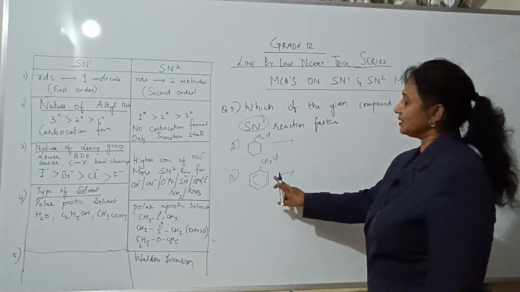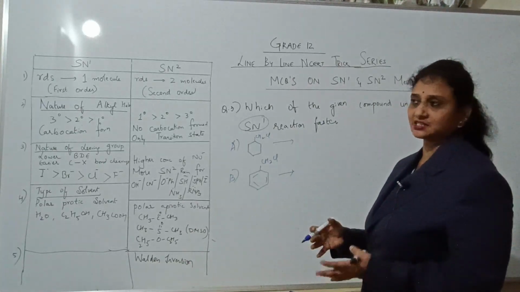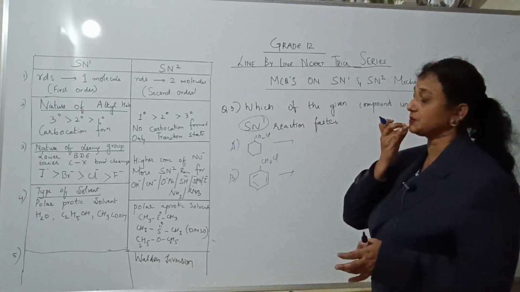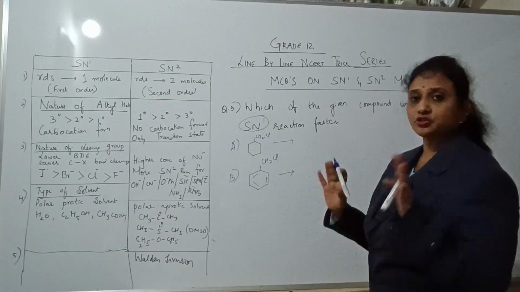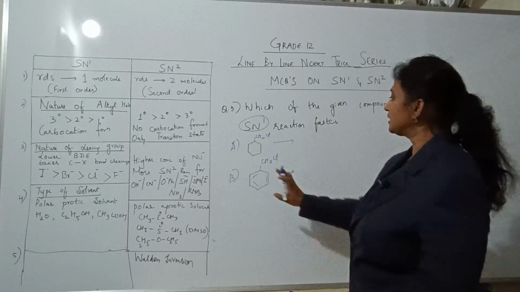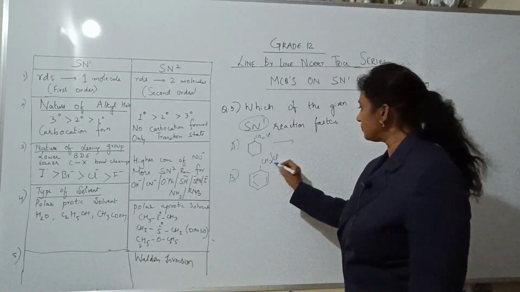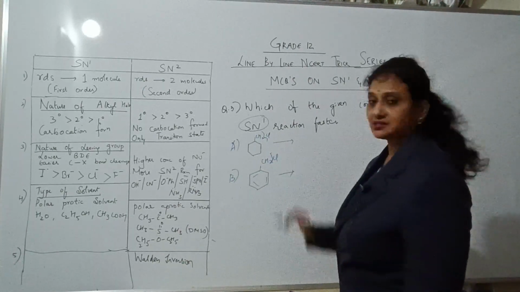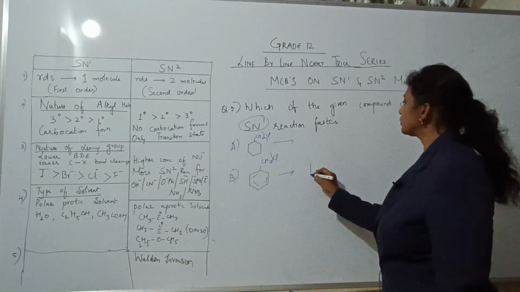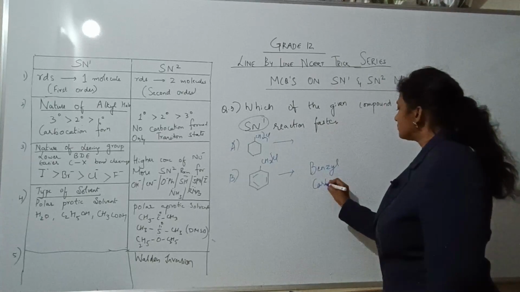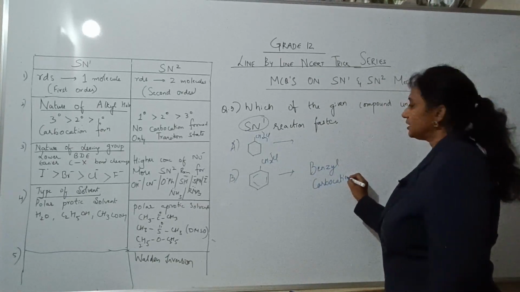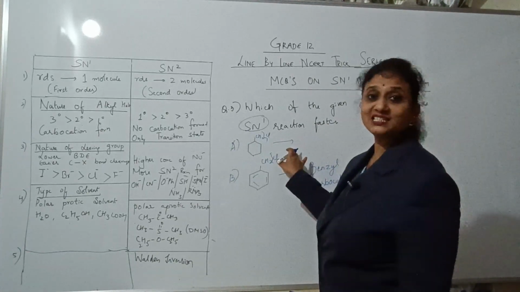When this compound cleaves, because it's primary, we very well said during the mechanism, there is a formation of carbocation. Correct? Yes. Now this cleaves, the bond breaks here. This also breaks here. When it breaks, this is going to form a benzyl carbocation. Correct? It forms a benzyl carbocation. Done. Now here also it forms a benzyl carbocation.